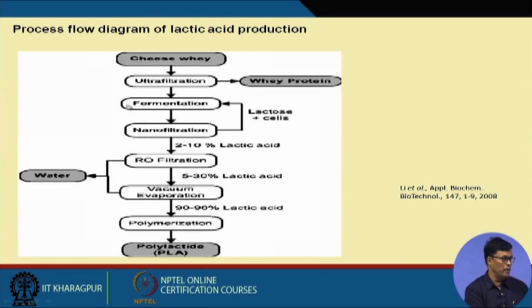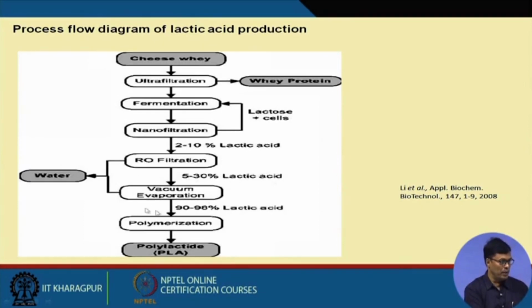Then in the fermenters we inoculate the Lactobacillus lactic acid bacteria. Then after production we pass it to the nanofilter, and we get 2 to 10% lactic acid. Then RO filtration, the reverse osmosis, that we carry out to get a higher concentration of lactic acid.